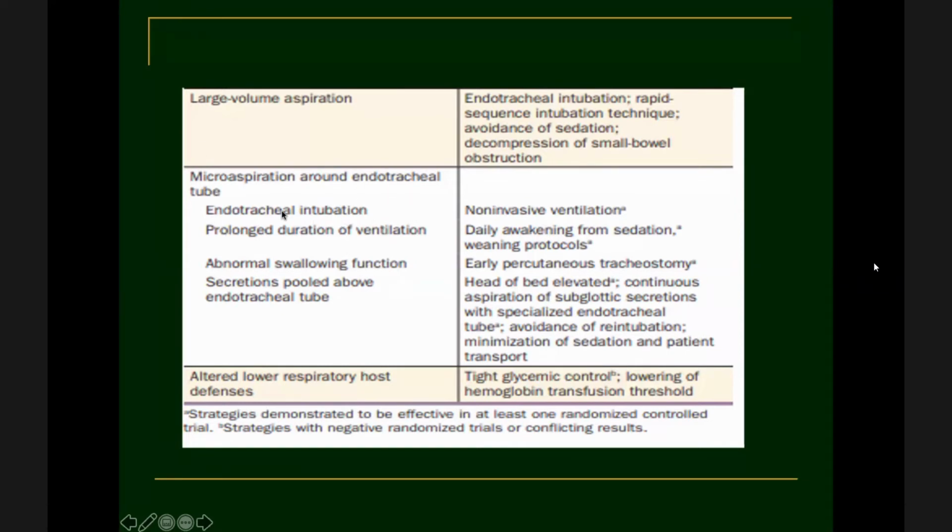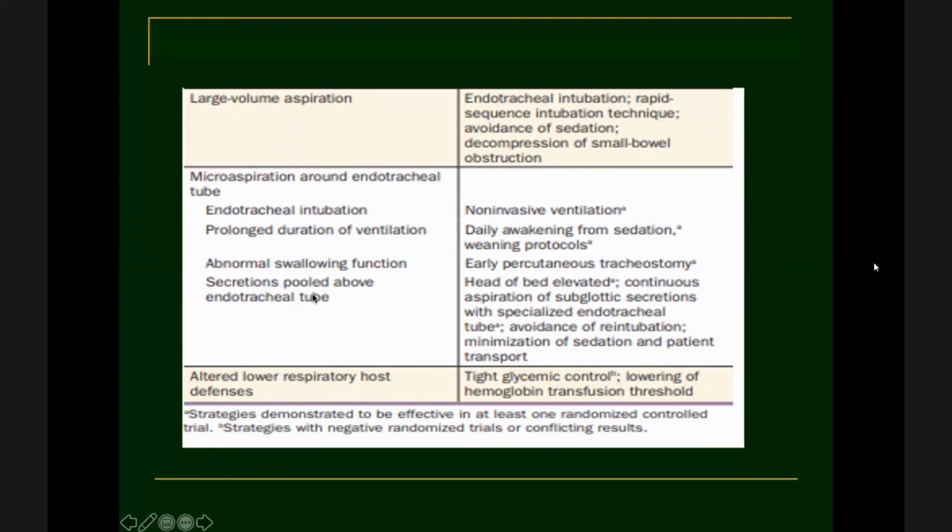And instead of endotracheal intubation, you can do non-invasive ventilation. In that case, if possible, you can use NIV. For prolonged duration of ventilation, daily awakening from sedation and weaning protocols can be used. For abnormal swallowing function, early percutaneous tracheostomy can be advised if the patient has difficulty in swallowing and there are signs of aspiration.